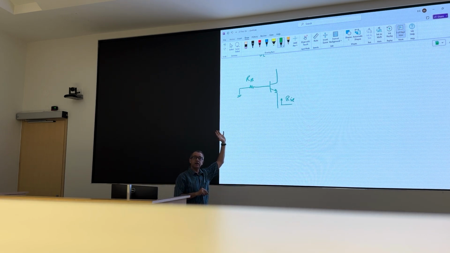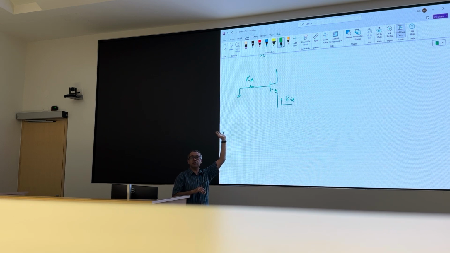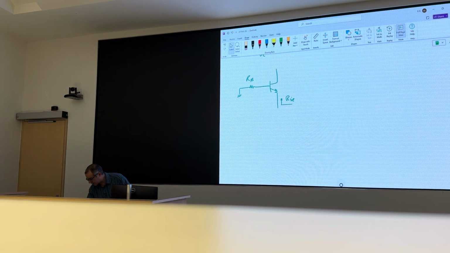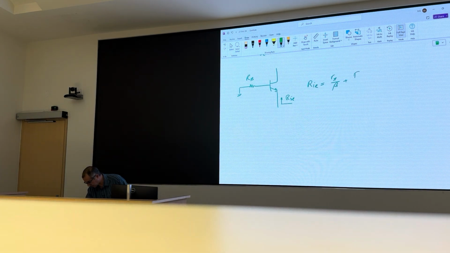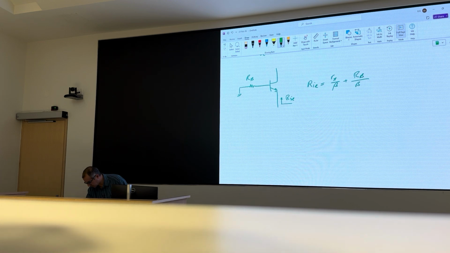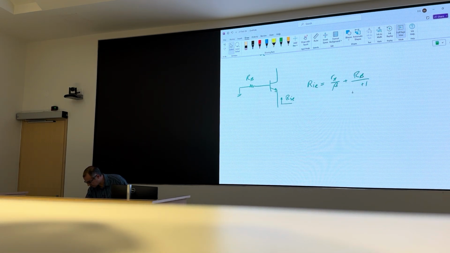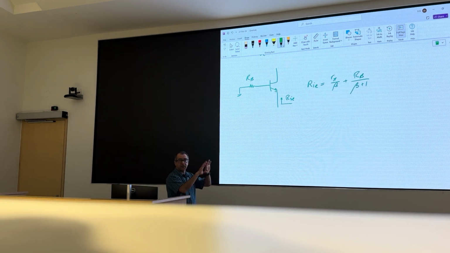RIE: if the device is in the active region and I look into the emitter of this device, something magical again happens here. I think it's either 0 or infinity. I think it's 0. We can prove it next lecture, so that we have all three loops.